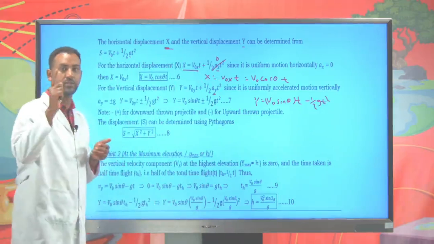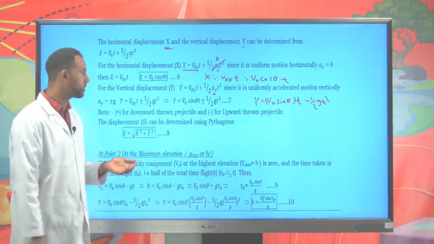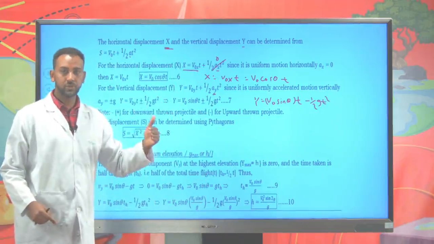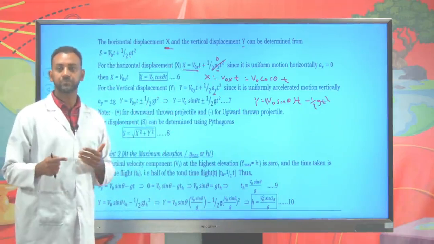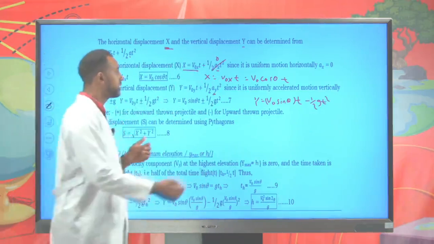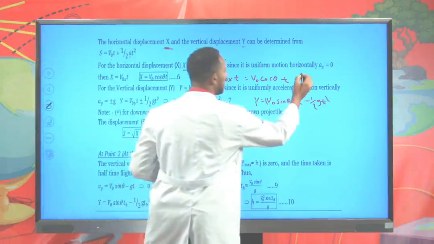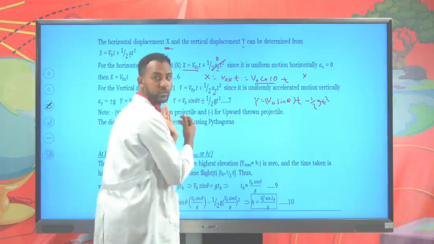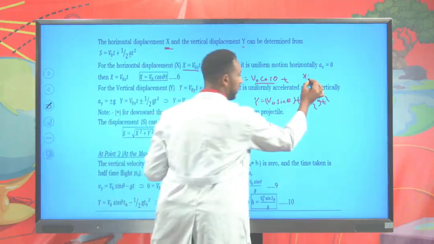This is true for the case that we have. Previously, we launched the projectile upward at an angle of 53 degrees. Suppose we ask, what are the horizontal and vertical displacements at time t equals 2 seconds? We know that x equals v naught cos theta times t. We have already determined v naught cos theta to be 60 meters per second from our previous example.